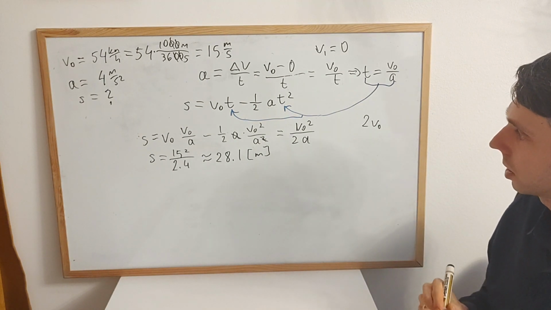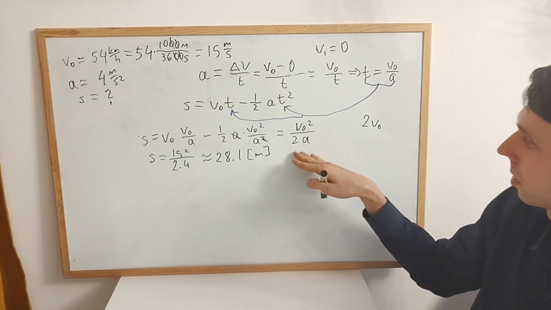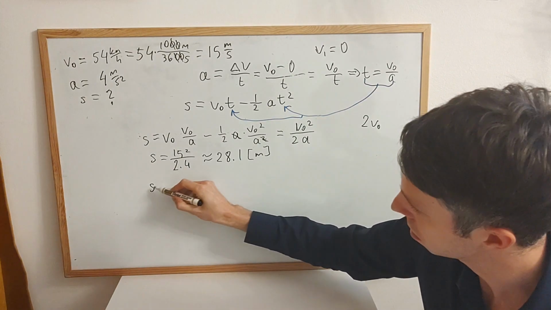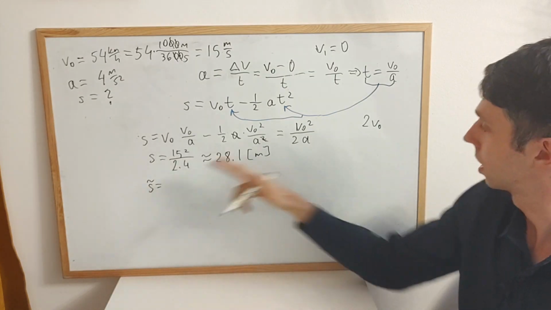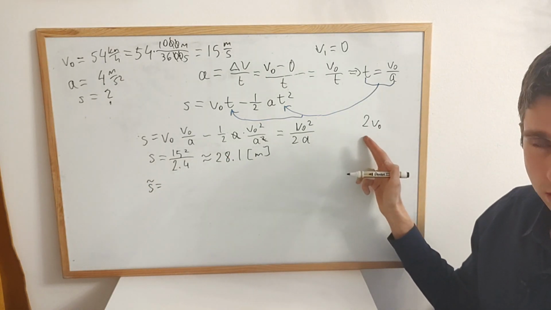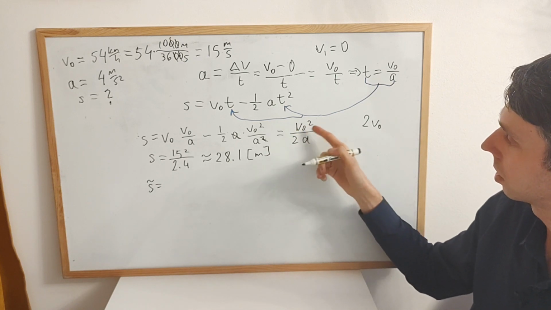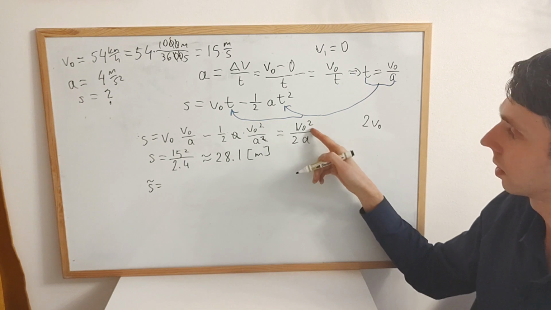So this we can just obtain simply from this formula for braking distance. So just braking distance when the initial speed is twice as high. So we just plug in this 2v0 in place of v0.